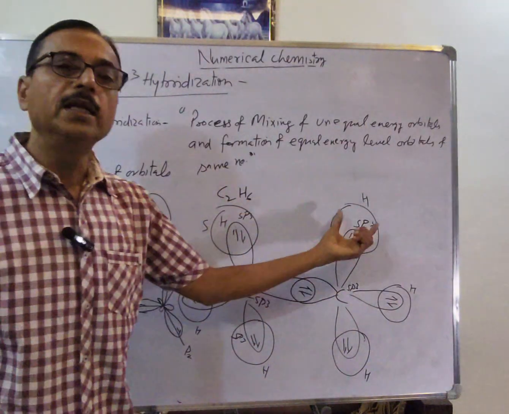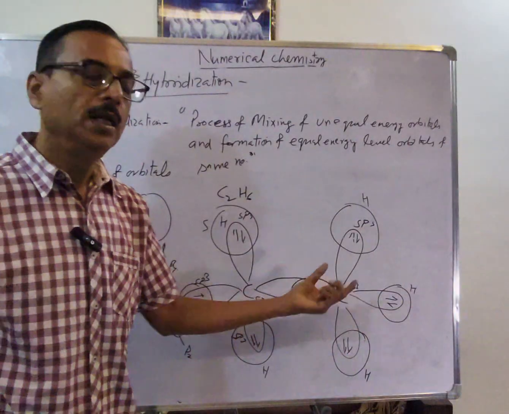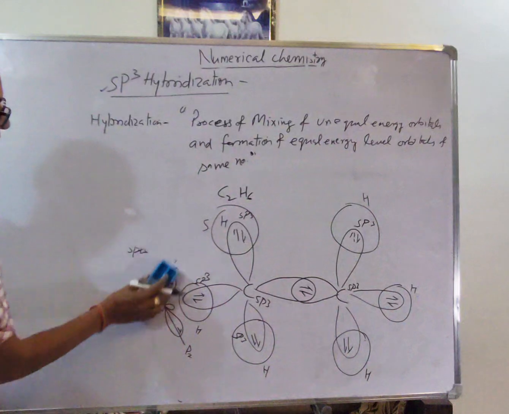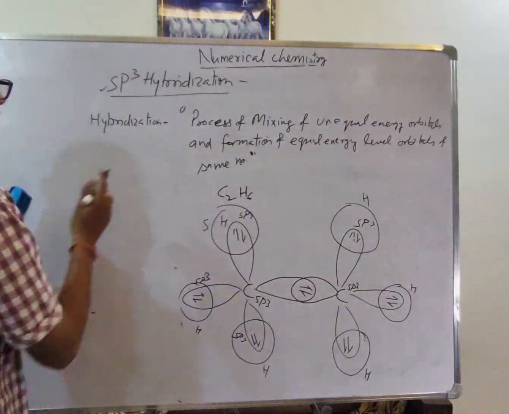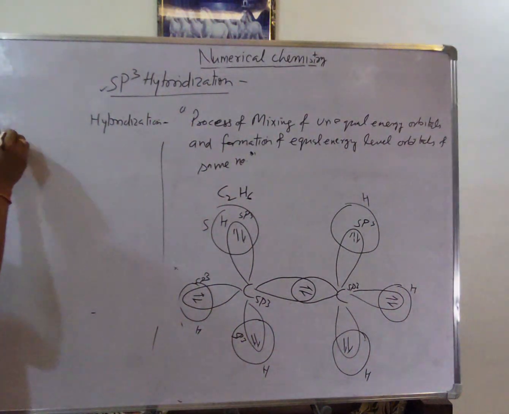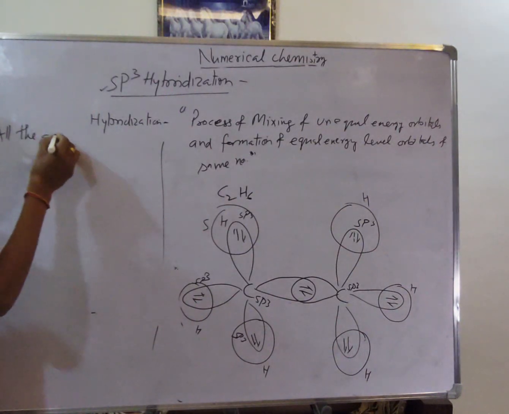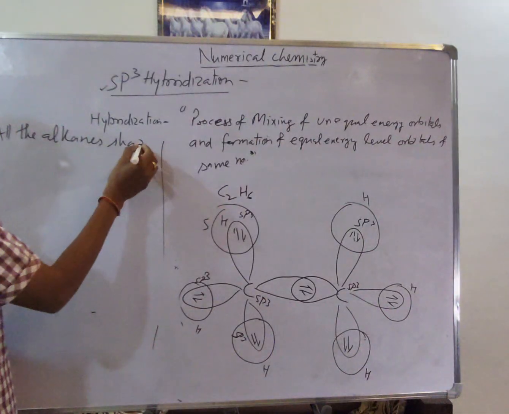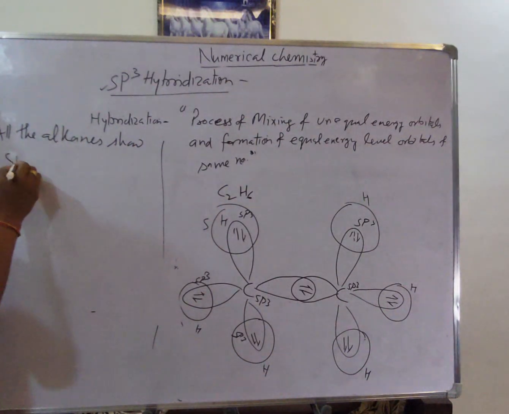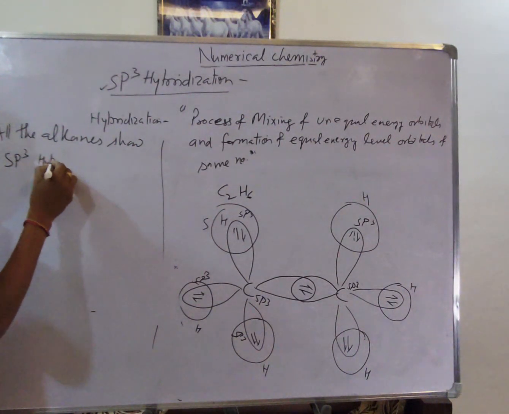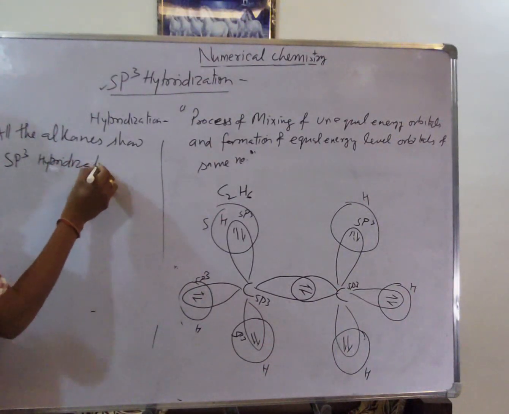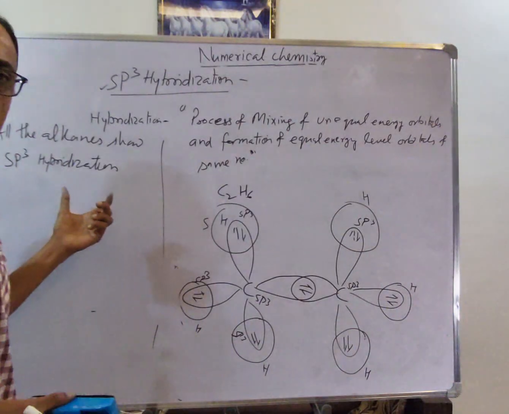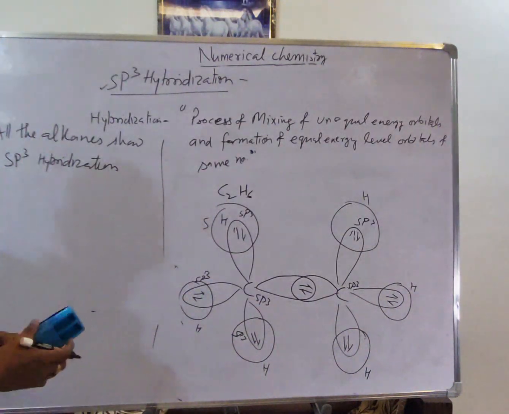Similarly, all alkanes show sp3 hybridization. It means you note down here: all the alkanes show sp3 hybridization. sp3 hybridization means one s and three p orbitals go under hybridization.